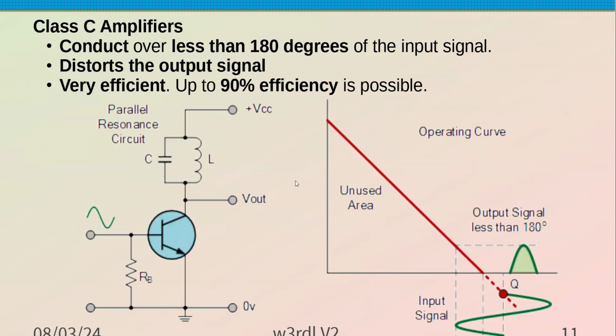Class C. Like I said, normally it's going to be driving a tuned circuit, so it's an RF amplifier for a fixed frequency. You have to be close to the resonant frequency of that circuit.